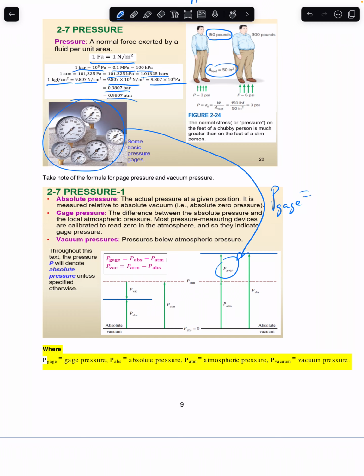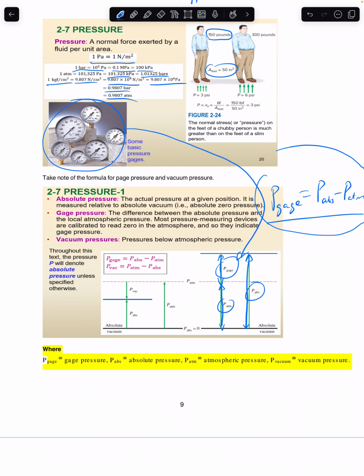It is equal to absolute pressure minus atmospheric pressure. Because we know that the absolute pressure is bigger than the atmospheric pressure. So effectively, this is the absolute pressure, this is just the gauge pressure, and this is atmospheric pressure. So that is the formula for gauge pressure. Whenever you're asked to calculate the gauge pressure, that is the formula you're going to use.